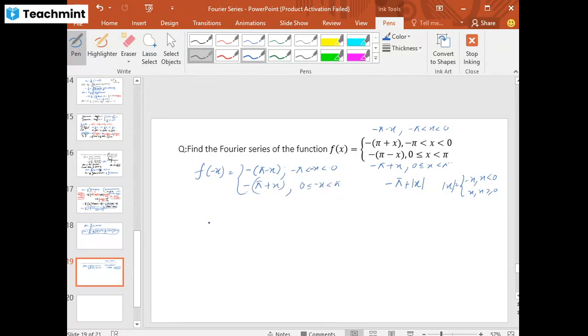If I multiply the negative sign for this part, it is minus of pi minus x in the interval 0 to pi, and its value is minus of pi plus x in the interval minus pi to 0, right? So you can see here, in the interval minus pi to 0, it is pi plus x. In the interval 0 to pi, it is pi minus x. So it means that this function is an even function.